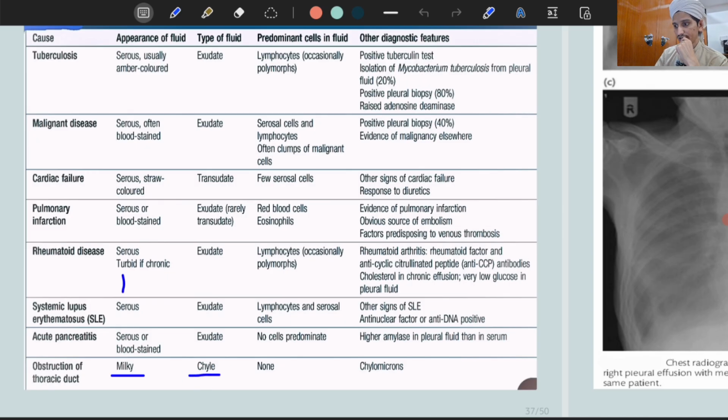No cells will predominate, and there will be chylomicrons. And see here, cholesterol levels will be low here compared to other effusions, because you will differentiate in the next classes, otherwise it will become lengthy. Okay, so these are the features of some specific diseases.